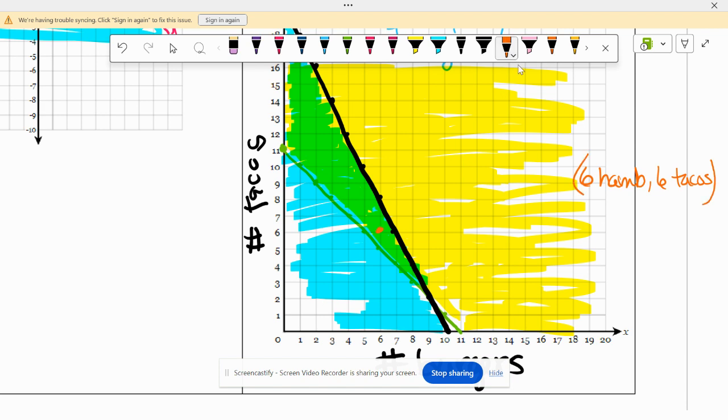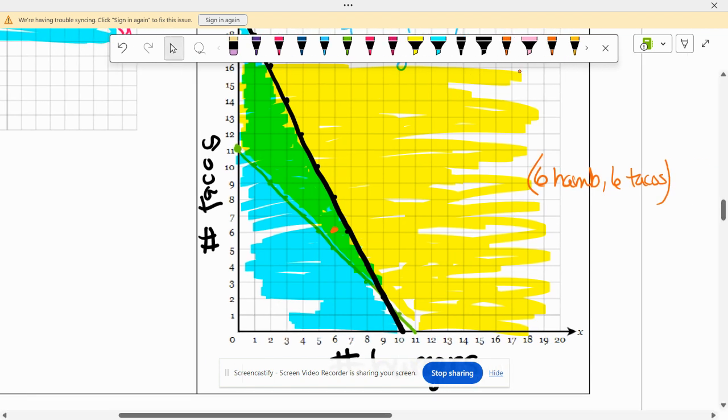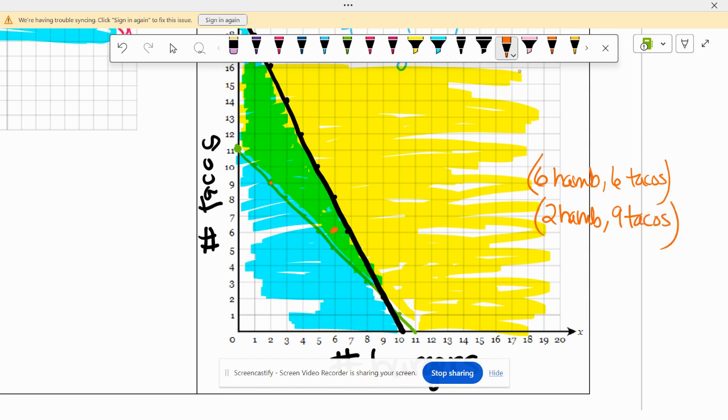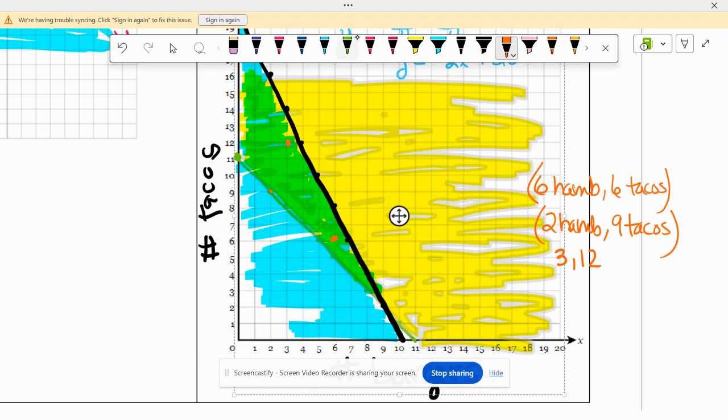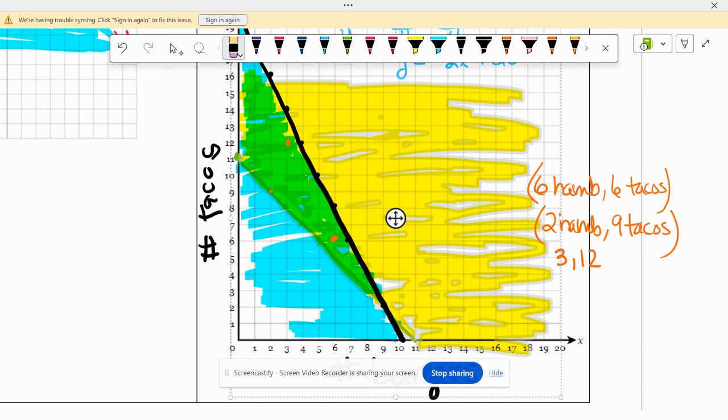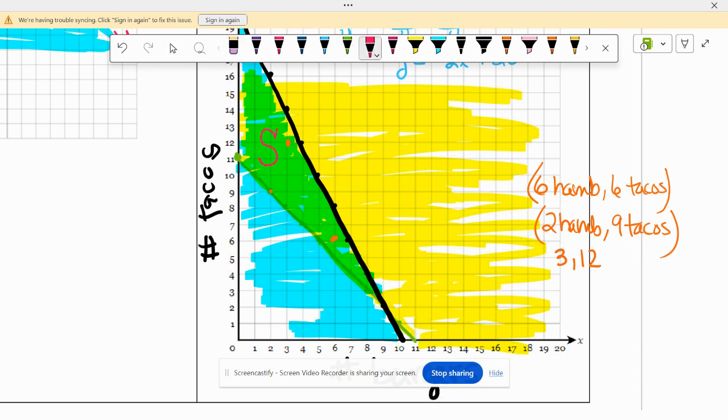What's another possible combination? 2 and 9. 2 hamburgers and 9 tacos. Do you guys see that? I can do 3 and 12, and so on. Anywhere in that green zone is going to be my solution, right?